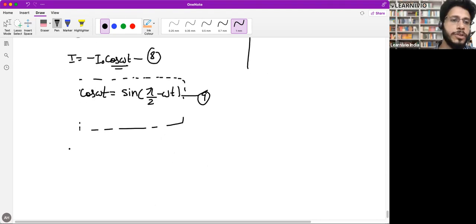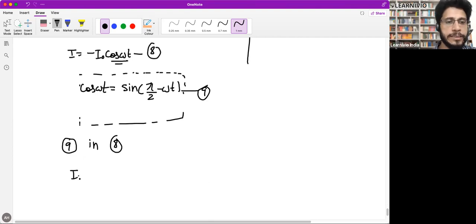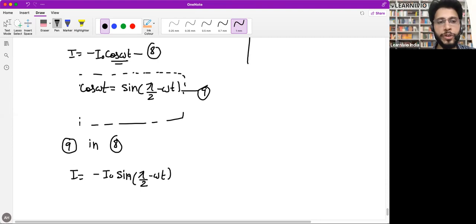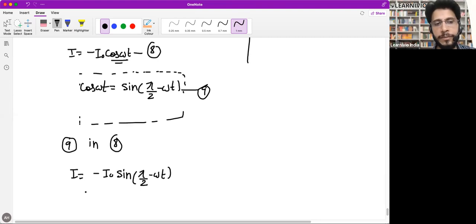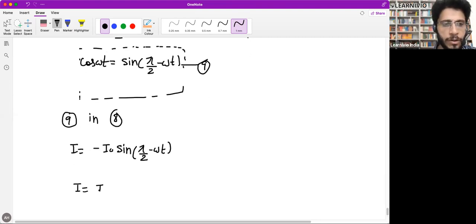When we substitute 9 in 8, we get I is minus of I naught, and instead of this cos, I'm writing sine of pi by 2 minus omega t. Next, you can multiply this negative sign inside and you will get I is I naught sine of minus pi by 2 plus omega t.